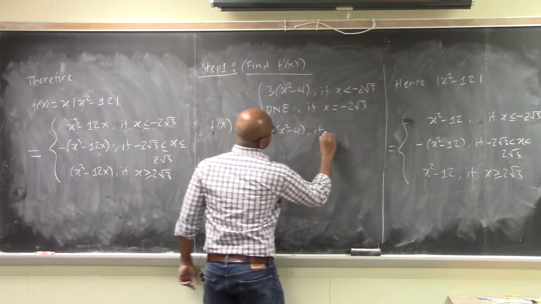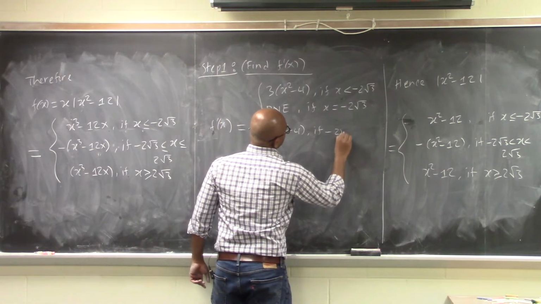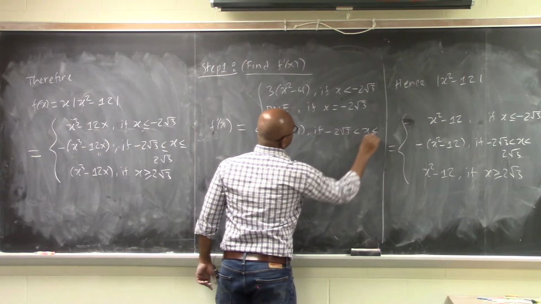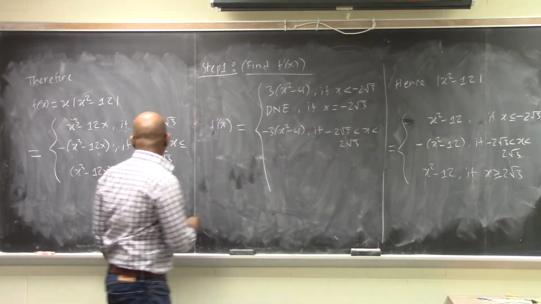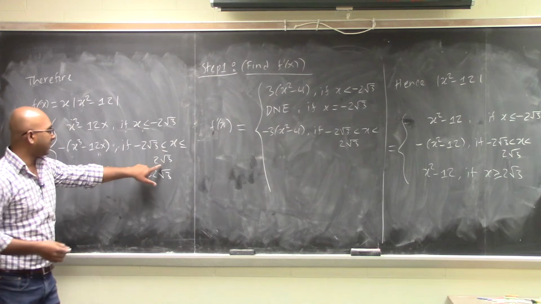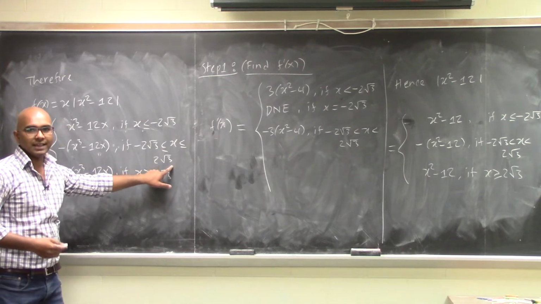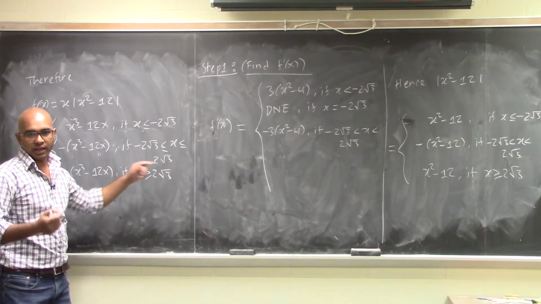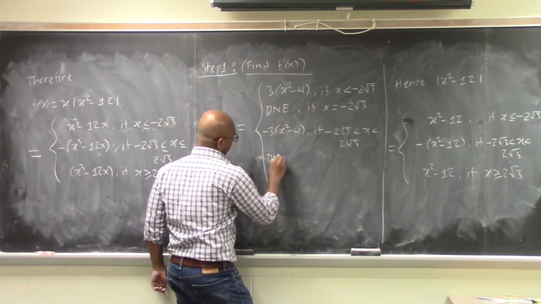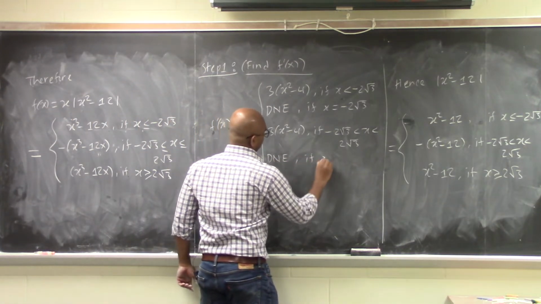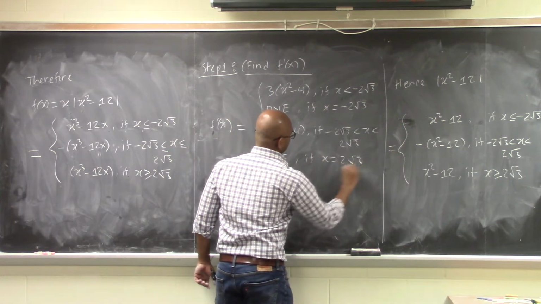If x is strictly between negative 2 root 3 and positive 2 root 3, okay? And once again, we hit that number 2 square root of 3, right? And that is one of the points where we have a corner. So f prime of x does not exist if x equals 2 square root of 3.